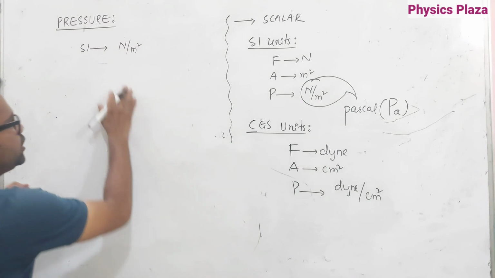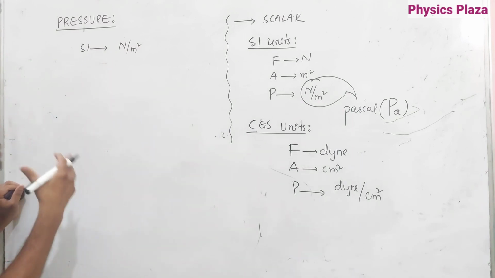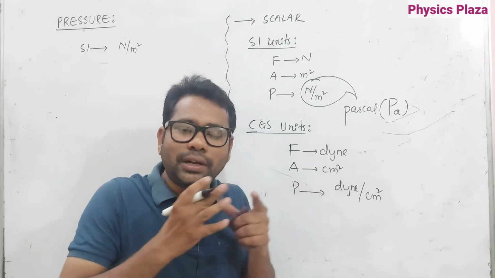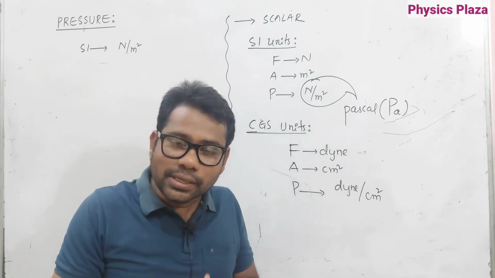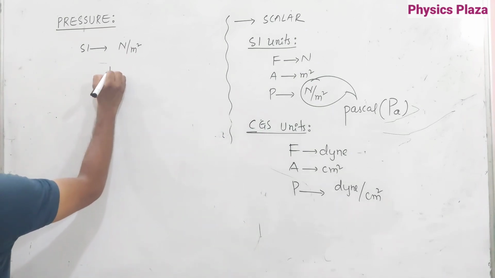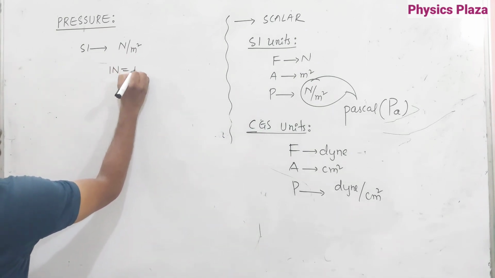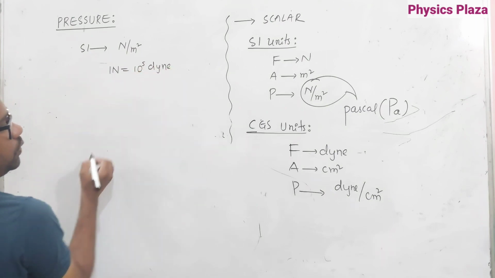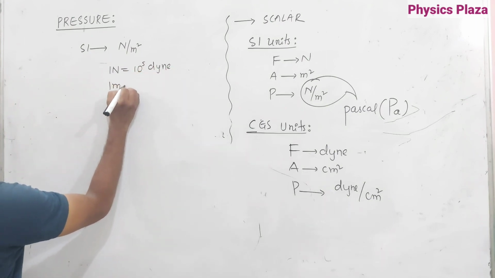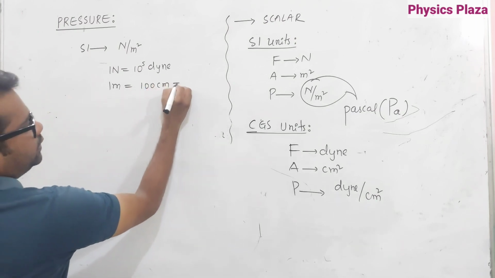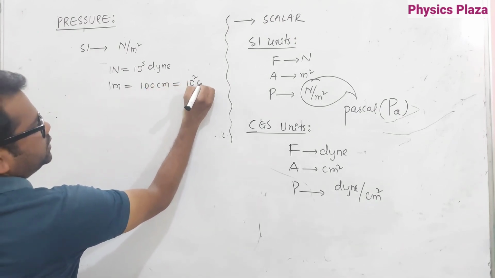Before that, we should have an idea of how a Newton is related to dyne, and how meter is related to centimeter. Let us recall once again. We all know that 1 Newton is equal to 10 power 5 dyne. Whereas 1 meter is equal to 100 centimeters. Can we write it as 10 square centimeter?